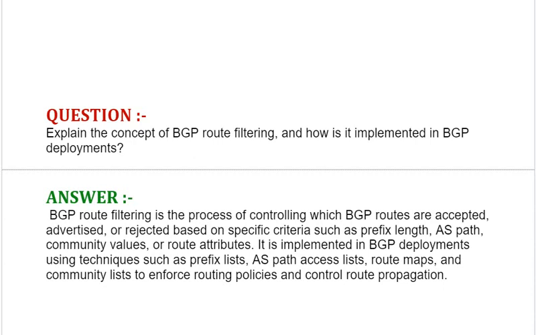It is implemented in BGP deployments using techniques such as prefix lists, AS path access lists, route maps, and community lists to enforce routing policies and control route propagation.